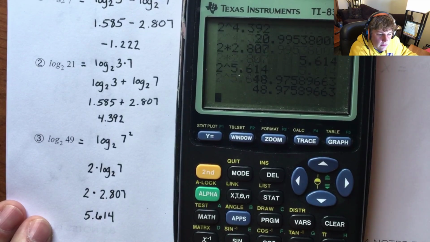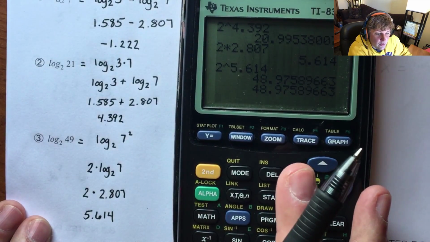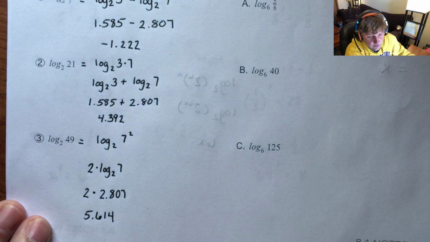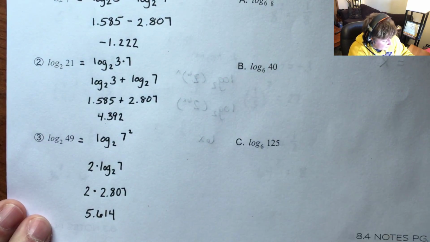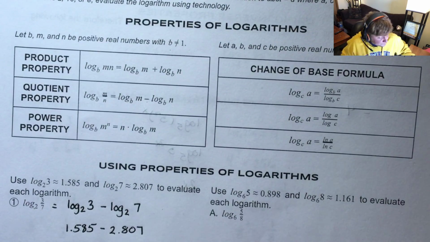That's 48.975, so that would round to 49. And so that looks like we're pretty good.